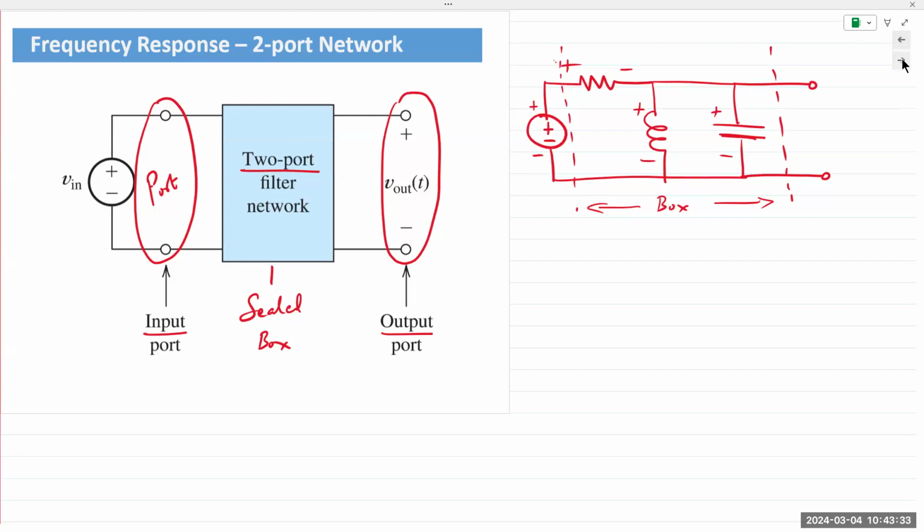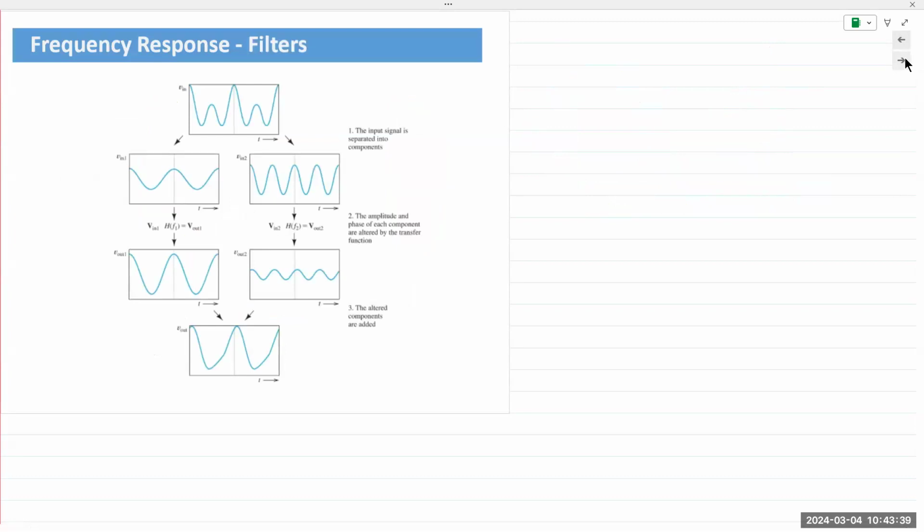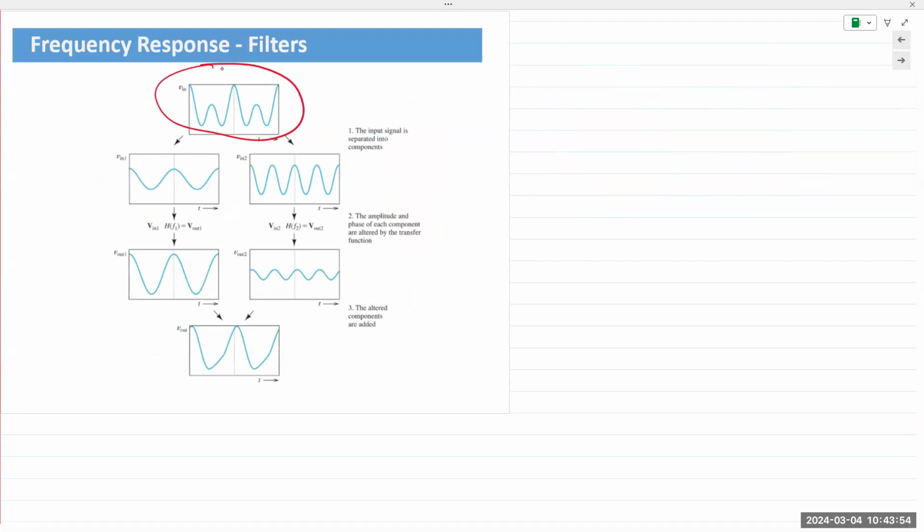And what it is doing is basically amplifying or enlarging certain frequency signals, and diminishing or attenuating certain other frequency signals depending on its function. As an example, you have a large input signal with multiple components going into a filter circuit. It is breaking it up into different parts, not literally, but again, this is just for explanation purposes.